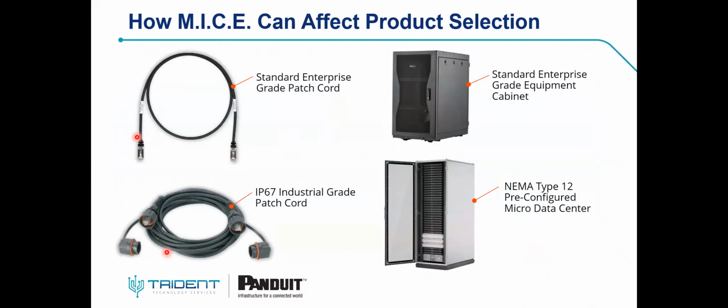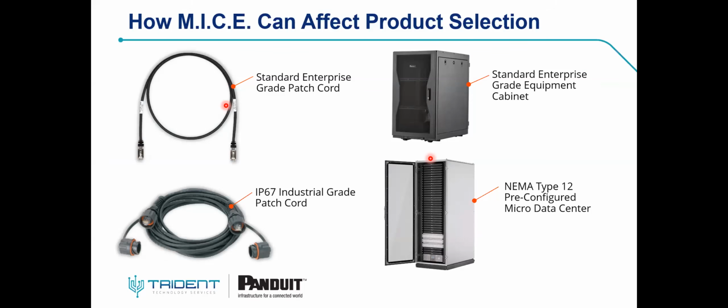Also, for ingress, the I category in MICE, for the less hazardous environment you can use the standard grade patch cord or even the cabinet, which is standard for the environment. But when you have hazardous conditions, the components used need to survive and perform for years.